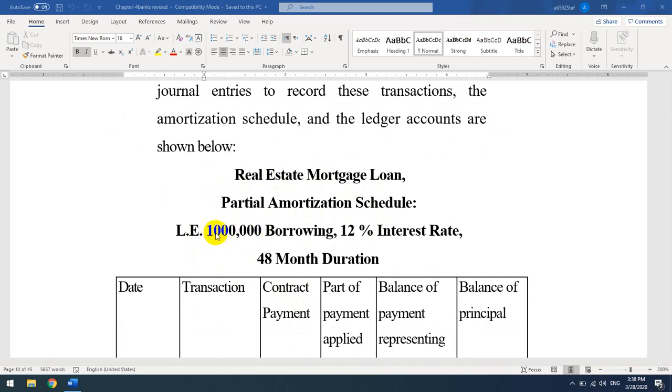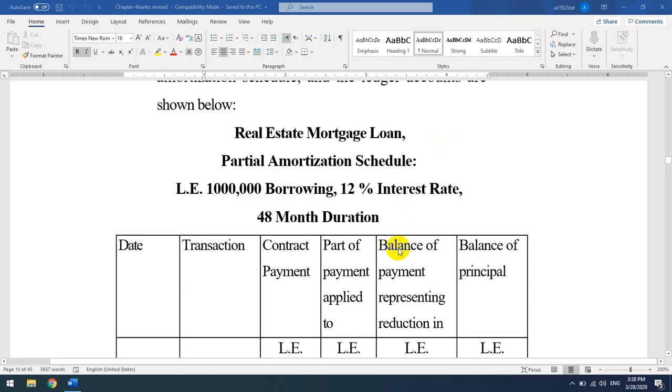Amount of the loan equals 100,000 Egyptian pound, borrowing at a 12% interest rate for 48 months, which is 4 years, 12 months each year, giving us a 48-month duration of the mortgage loan.